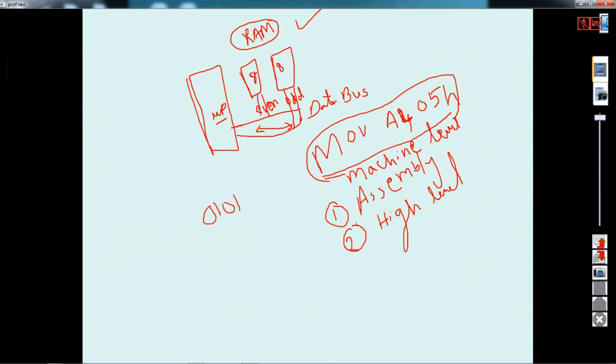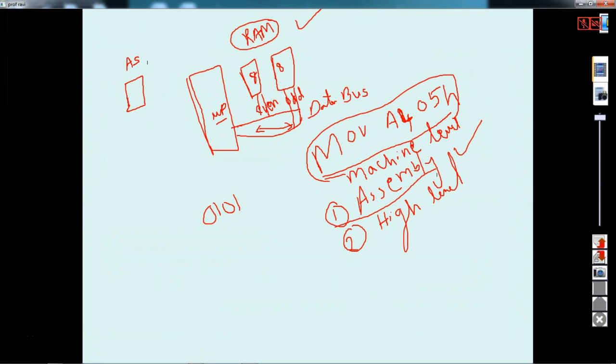So we write our program in assembly language, with English-like words such as MOV AL, 05, and the processor should understand what exactly it has to do. Since this program is in assembly language, we need an assembler.